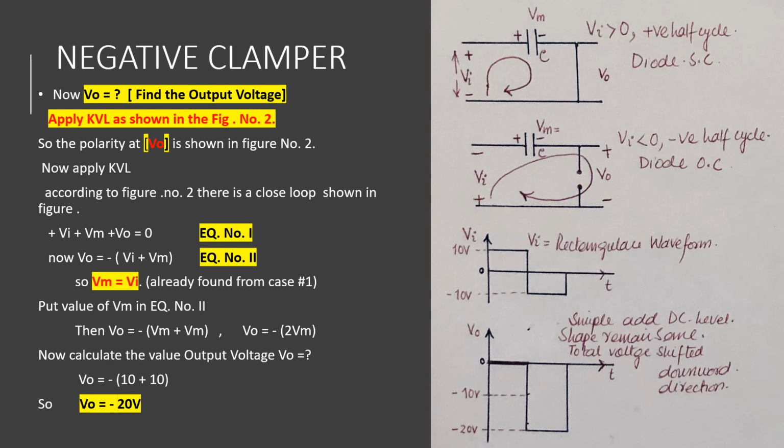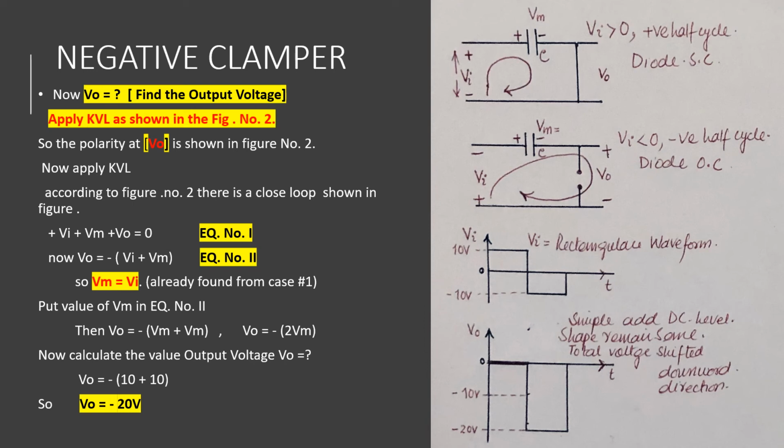So from figure number 3, Vm is equal to 10 volts, so Vout is equal to minus 20 volts. It means now the voltage is shifted downward. Before, 10 volt was in the upward cycle, and the rest of the 10 volts were in the negative half cycle.